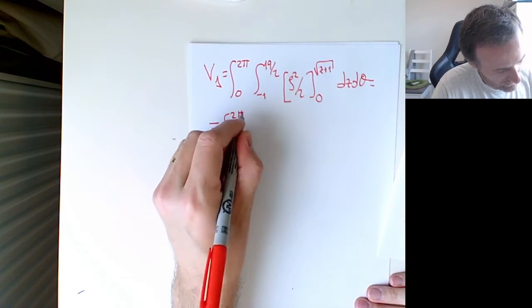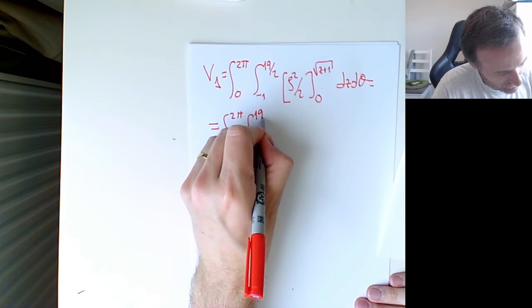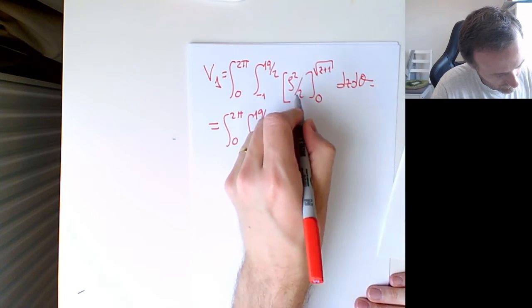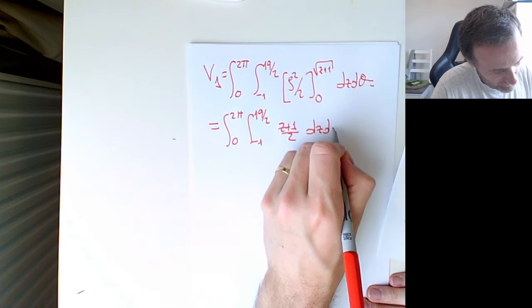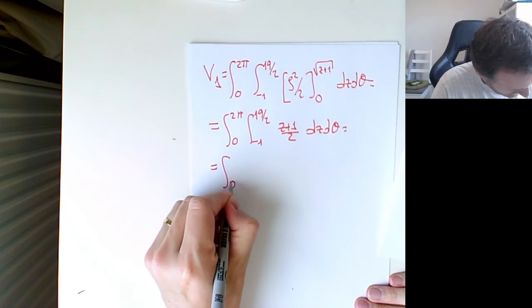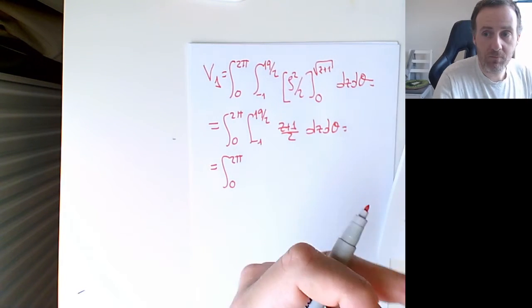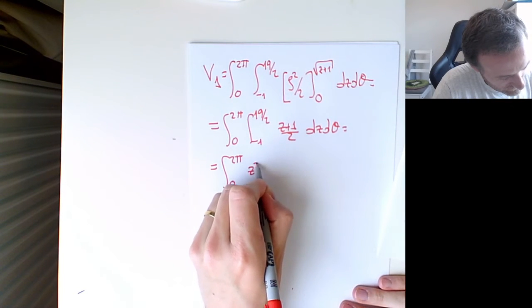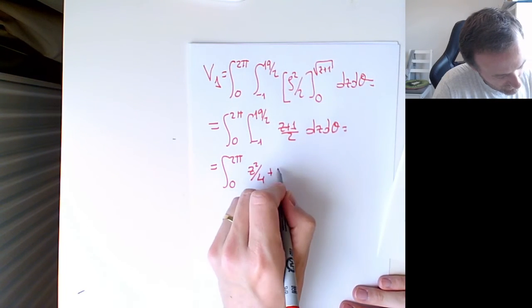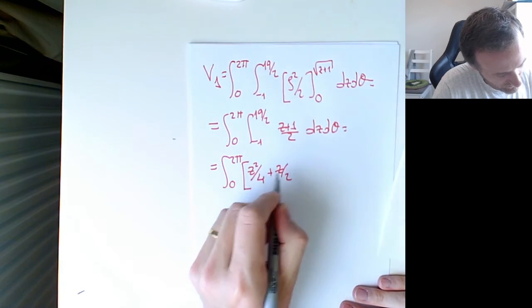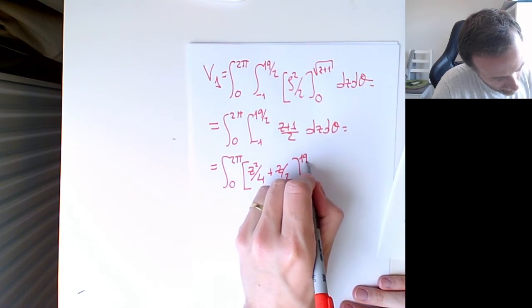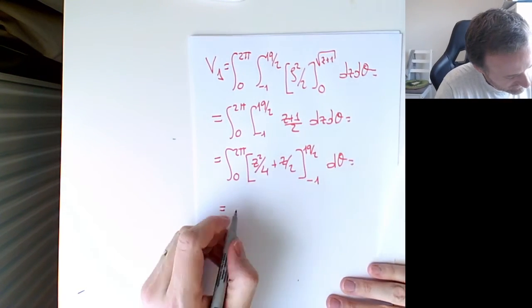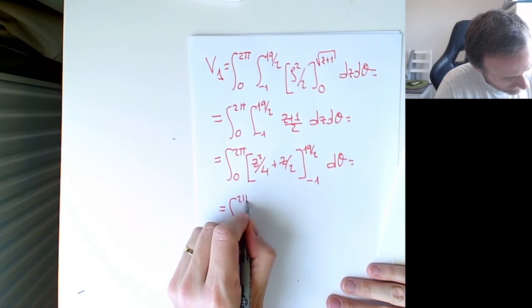Substituting, we get z plus 1 over 2 minus 0. Now the integral of z plus 1 over 2 is z squared over 4 plus z over 2, between minus 1 and 19 halves, d theta.